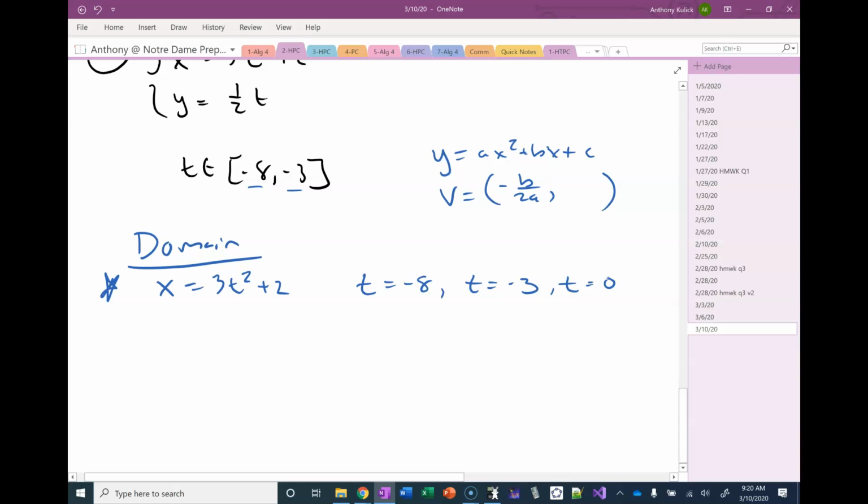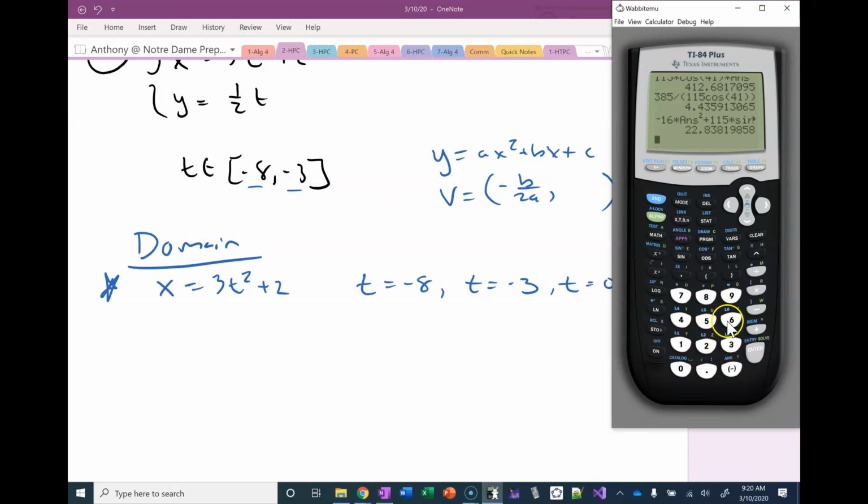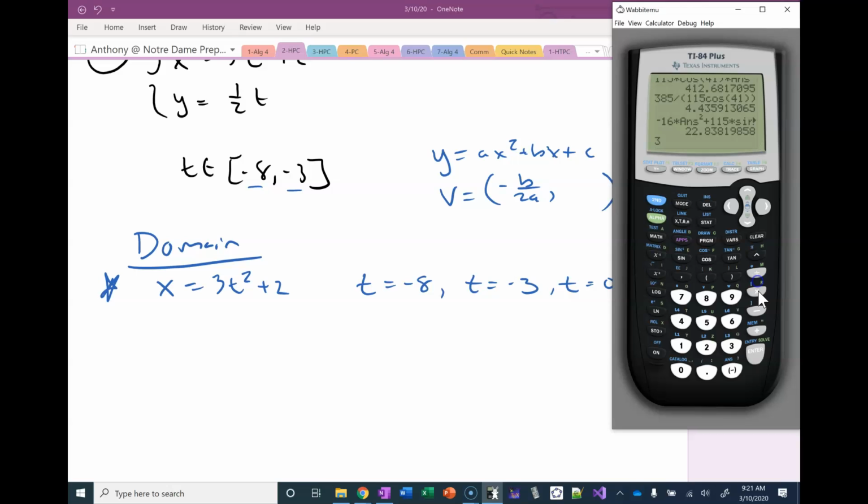So I'm going to be interested in those 3 values of t. Okay with that? Okay, so that's going to be, well, I guess I'll use my calculator. 3 times negative 8 squared plus 2.